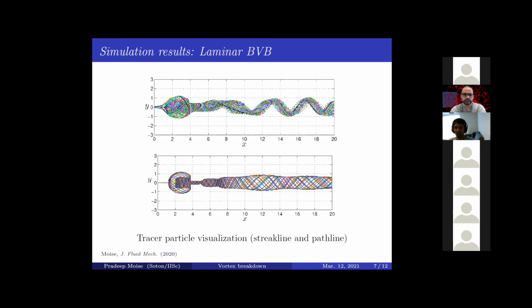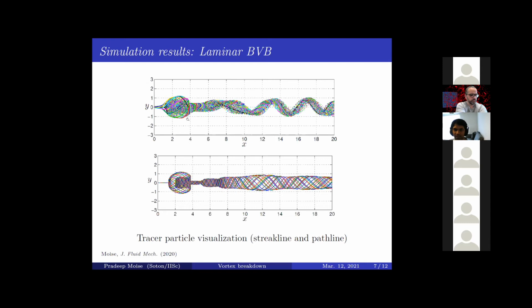Okay, so we were able to simulate this for the 2 Reynolds number cases. At a Reynolds number of 200, we had a laminar flow. So I show here tracer particle visualization. Again, this was incorporated into Incompact3d, and we just supplied tracer particles. And here's an instantaneous picture, which is a streak line picture. And you can see that the flow, as it goes along the streamwise direction, rotates, but it also stagnates.